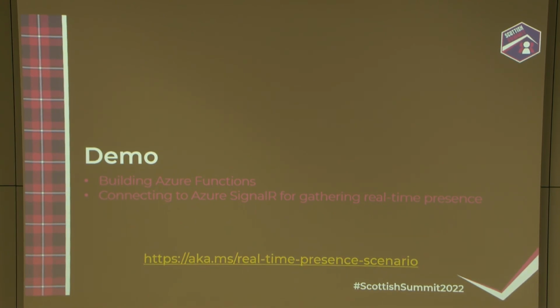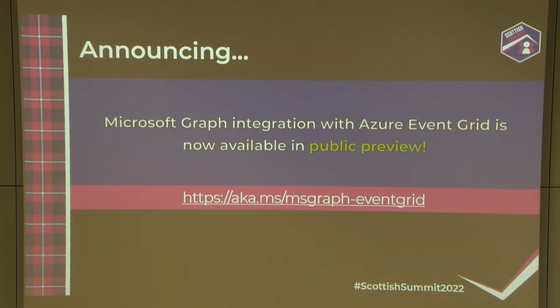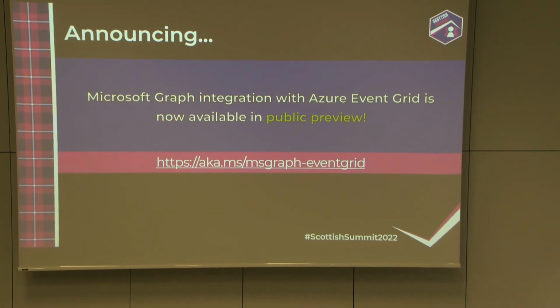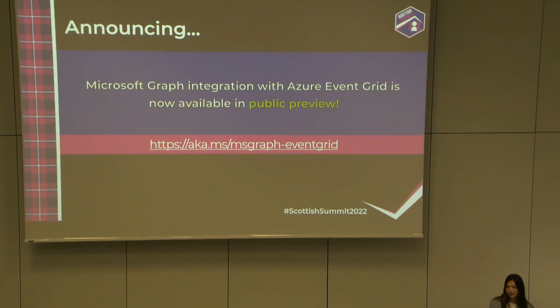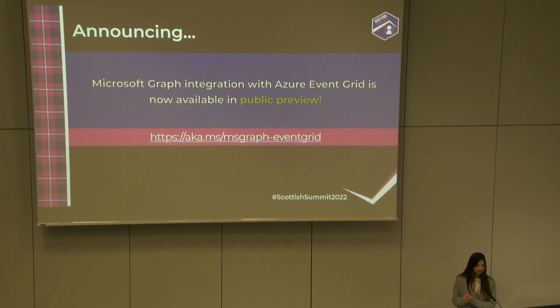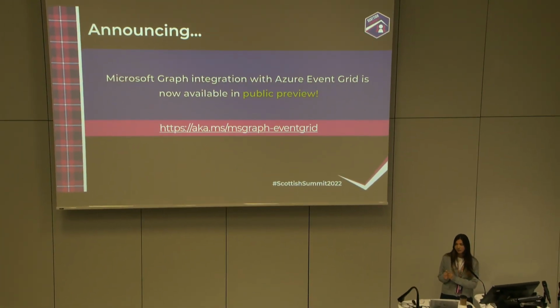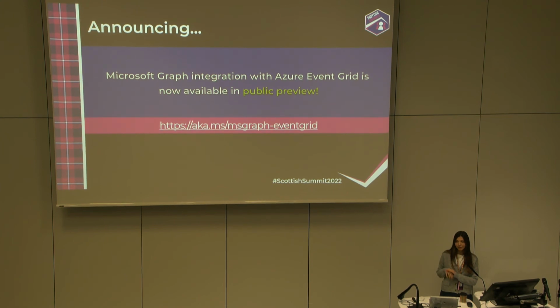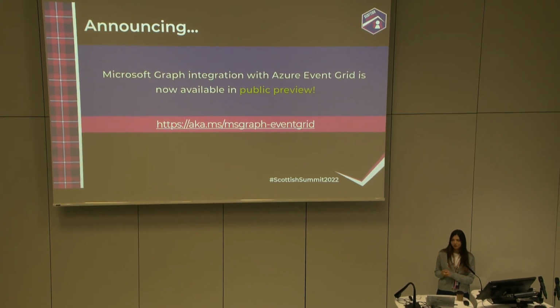Two or three days ago, it was announced that Microsoft Graph Change Notifications are available to work with Azure Event Grid as well, which is quite a game changer in my opinion, because if you're working with real-time data, Event Grid is the most prioritized place that you go on Azure.